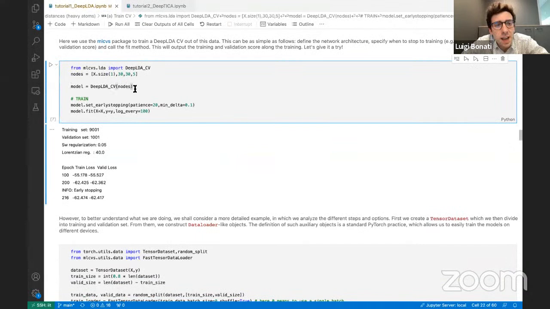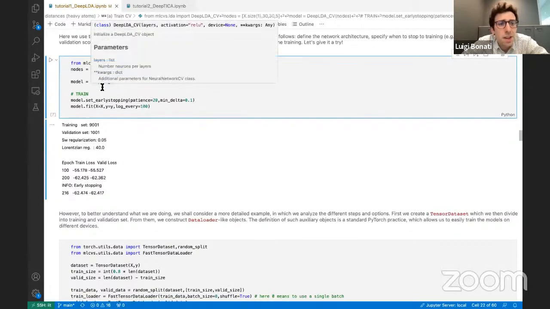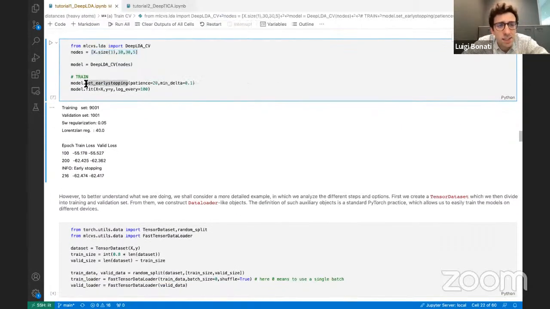Here first, I put a minimal example. What is actually needed to train such a CV is just to specify a neural network architecture, and specify how long we want to train it.